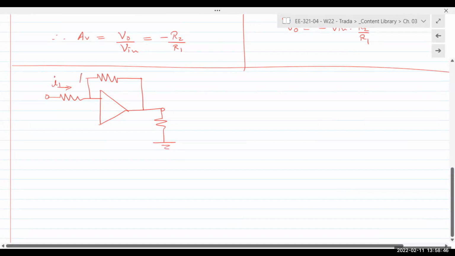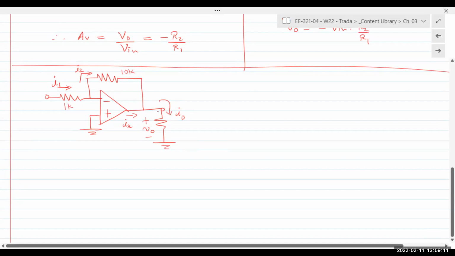Okay, I1, I2, this is given as 10K, this is given as 1K, negative, positive, ground, IX, and IO. And this example is where you'll be able to see the actual negative value for the currents.